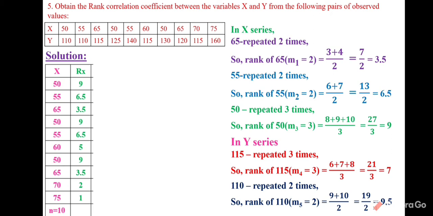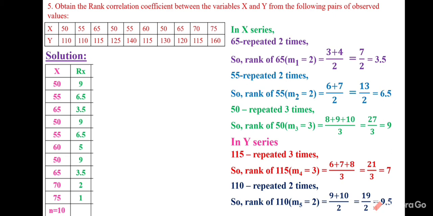Then next is 55, again repeated 2 times. That's why 5 is next, then 60. Then again 55: 6 plus 7 divided by 2, so that rank will be assigned 6.5. So 55 gets 6.5.